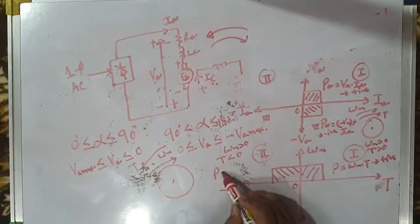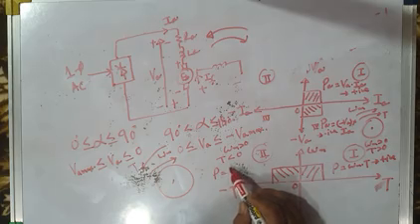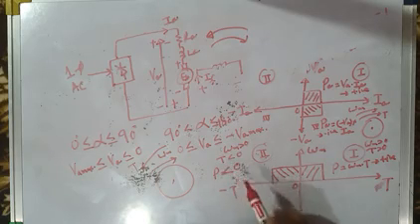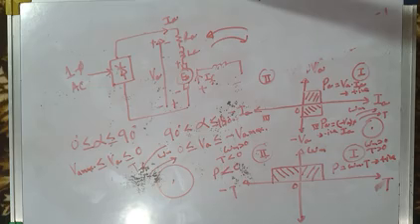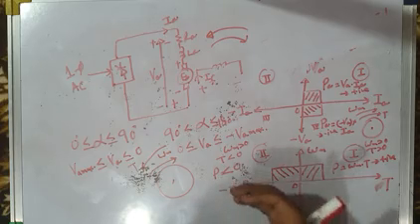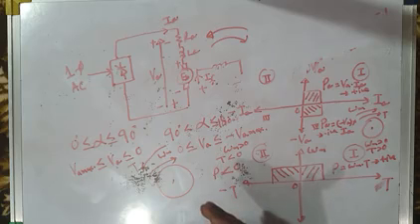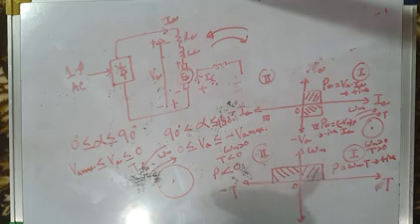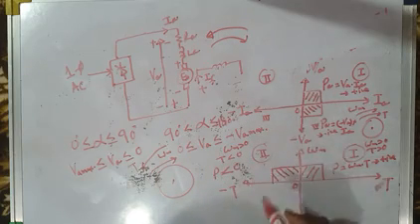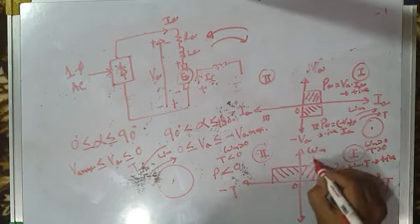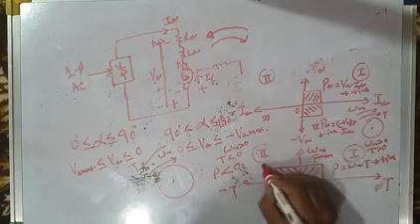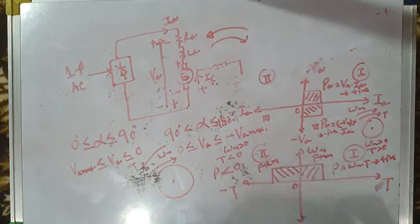Since power is equal to speed into torque, power will be less than 0, negative. Negative power means the machine is not operating as a motor, it is operating as a generator, in the forward regeneration mode. So if this is forward motoring mode, this will be forward regeneration mode.